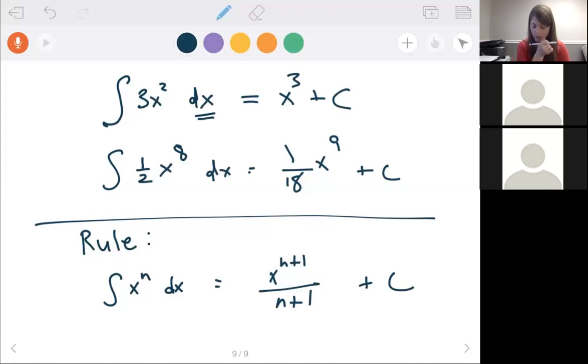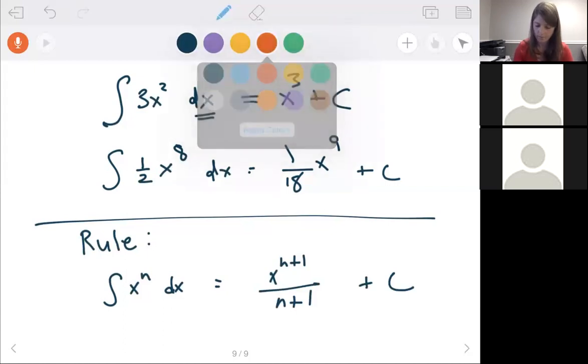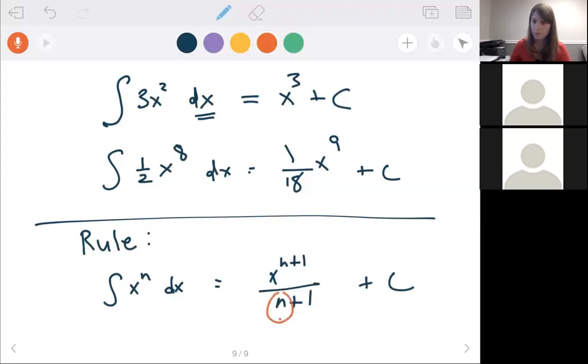Now, in this particular case, I want you to consider what happens if your n was -1. So if you put -1 in there, -1 as a power is 1/x. But if you tried to put n equals -1 in here, you're going to have division by 0.